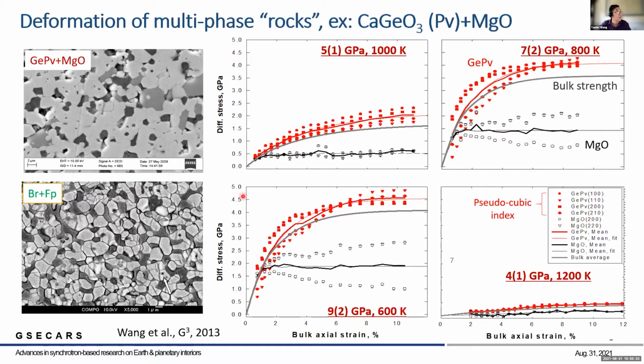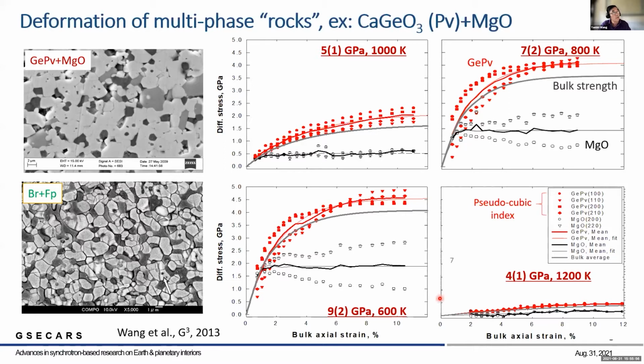The figures on the right show that we are able to measure individual stress states in the two materials simultaneously. The red symbols are germanate perovskite. The black symbols are for MgO.